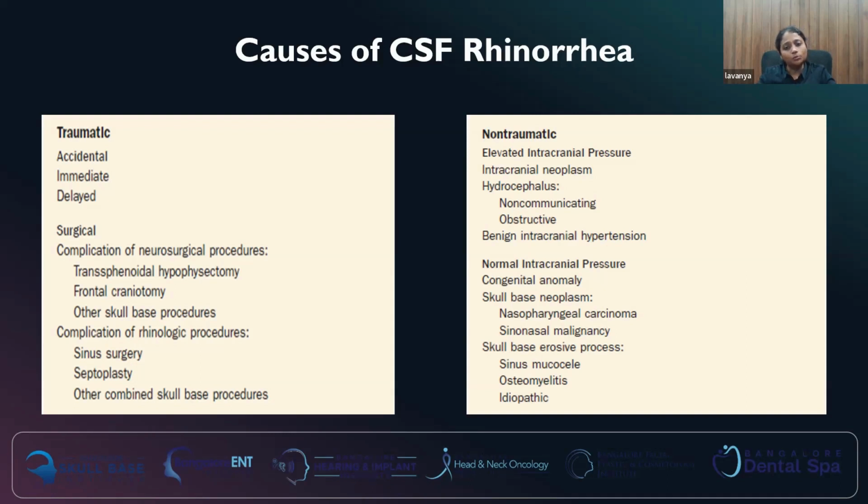There's also normal pressure hypertension. There can be congenital anomalies, skull-base neoplasms, including nasopharyngeal carcinoma or sinonasal malignancy, and skull-base erosive processes such as sinus mucosal osteomyelitis, or idiopathic congenital skull-base deformities. Here we'll be talking in detail about benign intracranial hypertension in non-traumatic causes, and in traumatic we'll just look at some of the basics.